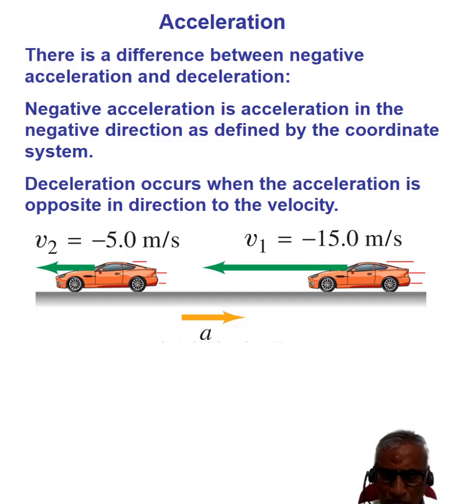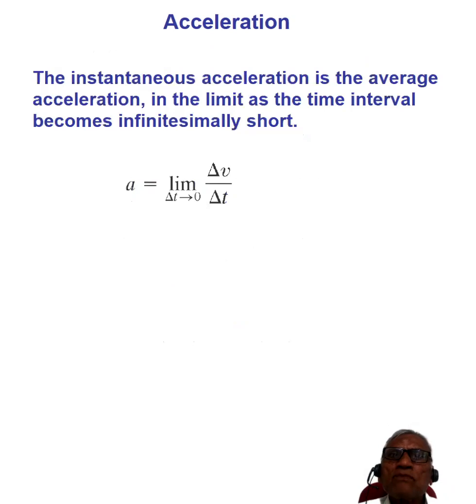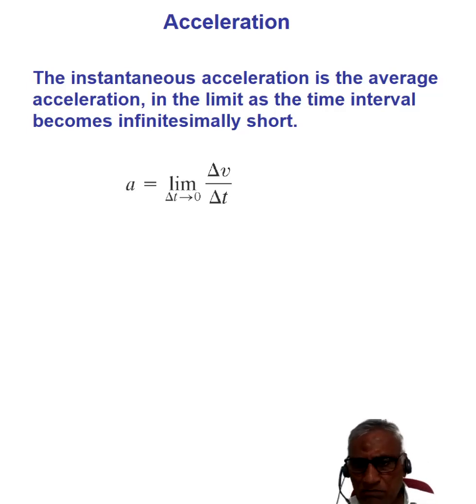Okay, so far we have seen acceleration over a period of time where it was not changing over a few seconds, but it may so happen that acceleration also changes, like we have seen in the case of velocity: average velocity and instantaneous velocity.